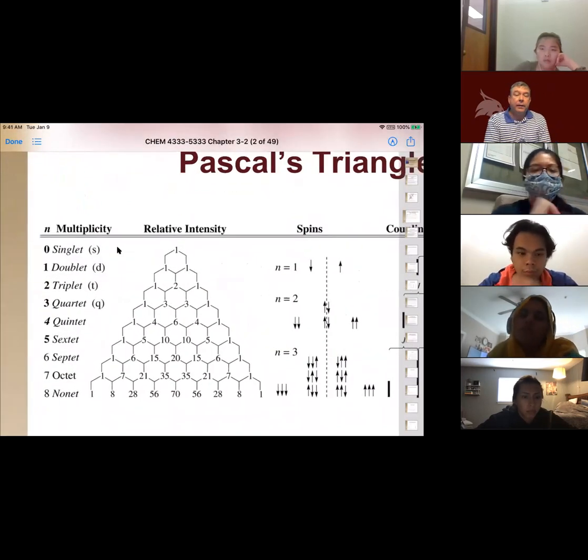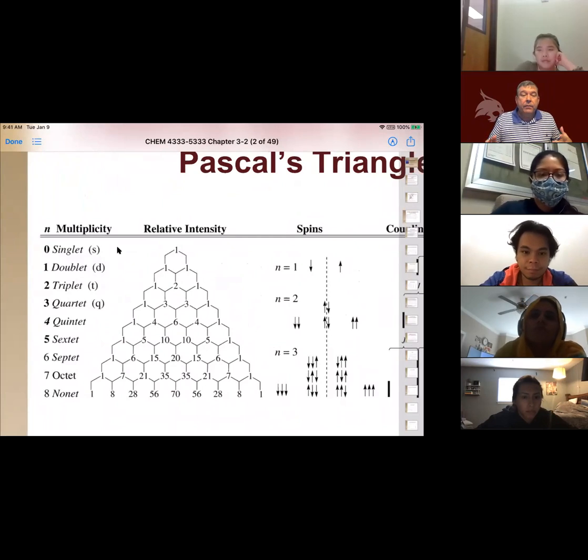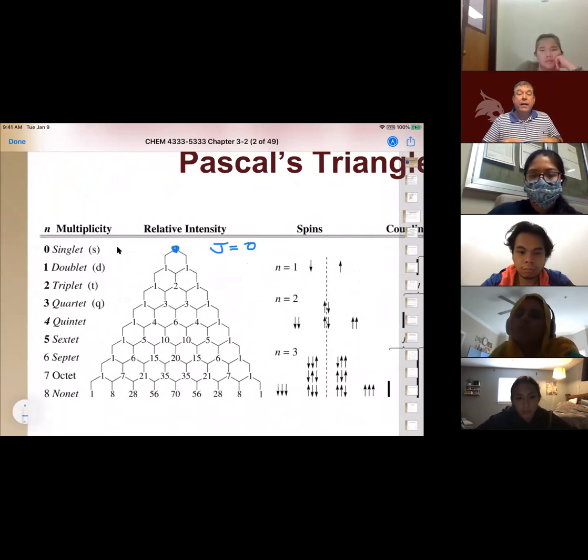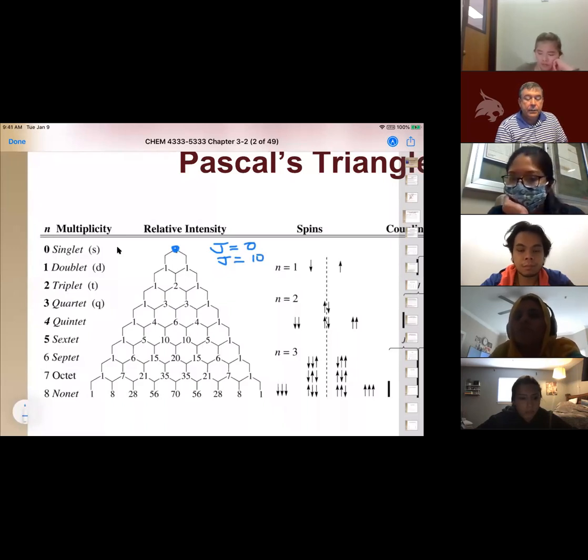So if we can think about it, when we have our Pascal's triangle and we don't have anything adjacent to it, so our coupling is basically 0, it doesn't split. We have one peak, okay? If we have something next to it that has a coupling constant of any value, let's call it 10, it's going to split that peak into 2 peaks, 5 up, 5 down, okay?